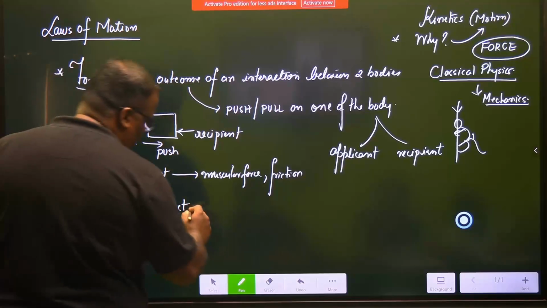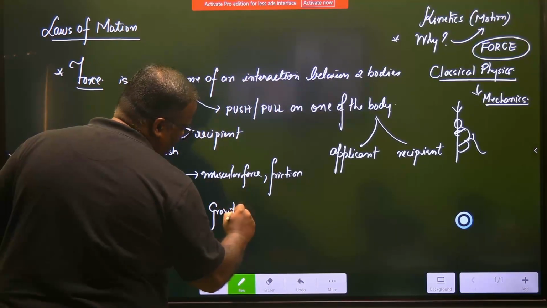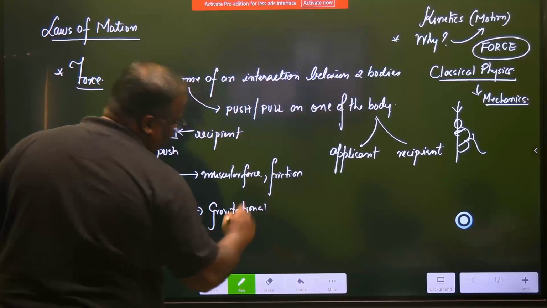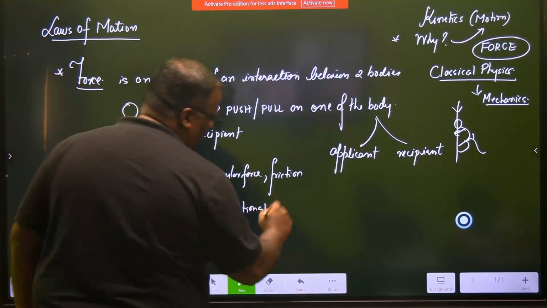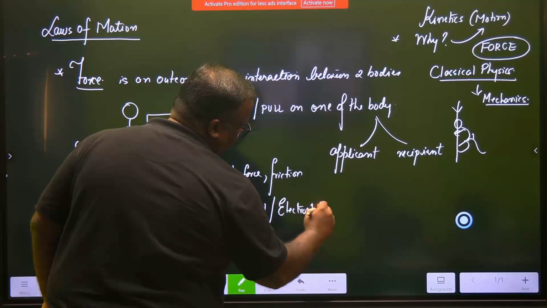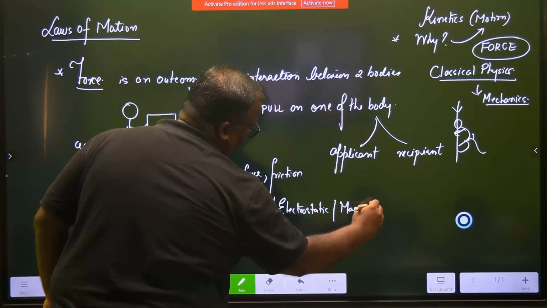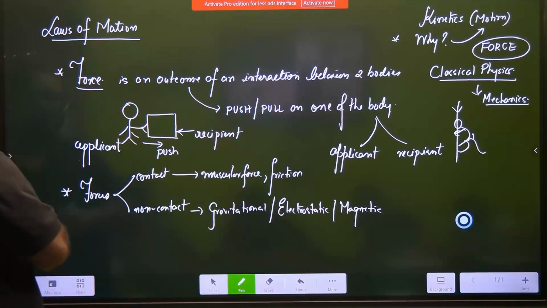And in non-contact, we studied three forces: gravitational, where there should not be any contact between the two bodies, then electrostatic, and then one more, which was magnetic. Here, the two bodies need not be in contact with each other.